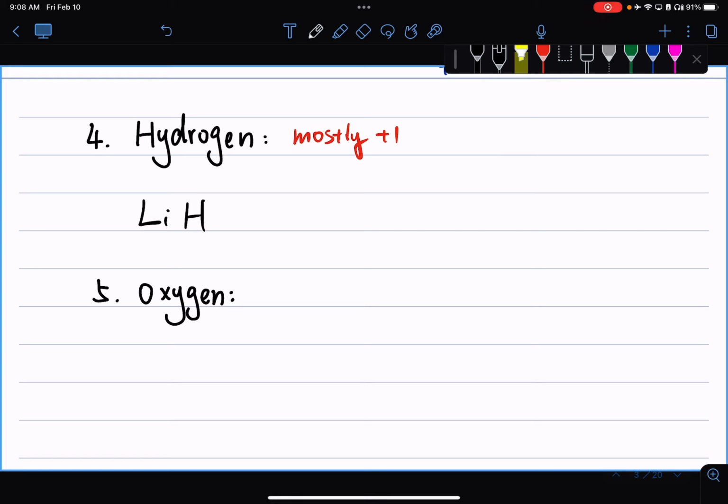The lithium as an alkali metal always has +1. So if that is our +1, then hydrogen will be our -1, and everything adds up to be 0. So hydrogens are normally +1, but exceptions might be in metal hydrides.